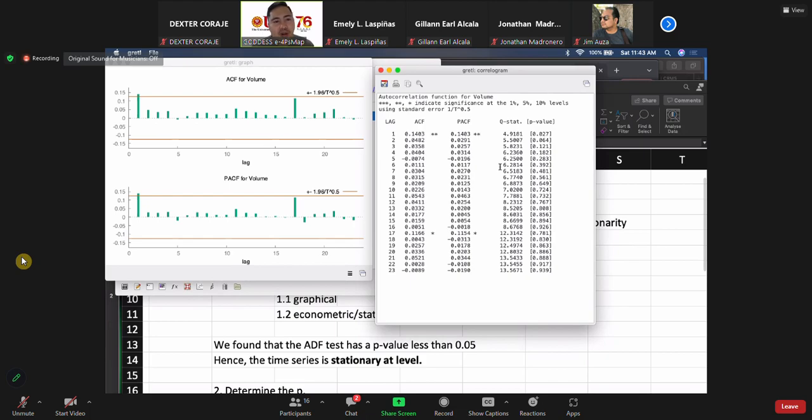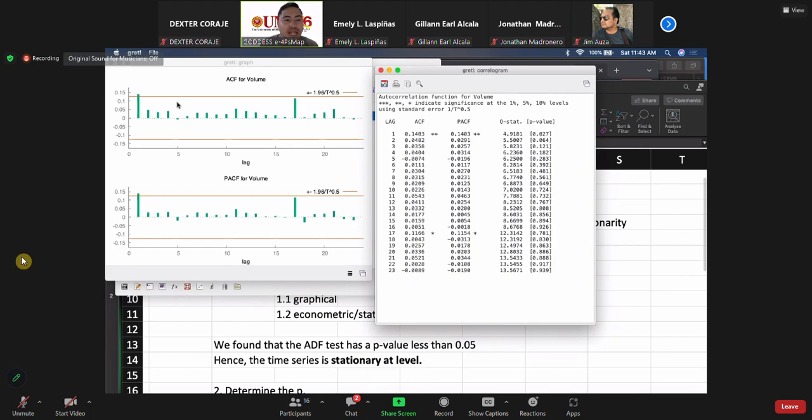For the graphical one, the first time your graph, the bar, crosses the line, that is where it first becomes significant, and it is not significant afterwards. That is your basis for the determination of the value of your ACF and PACF.